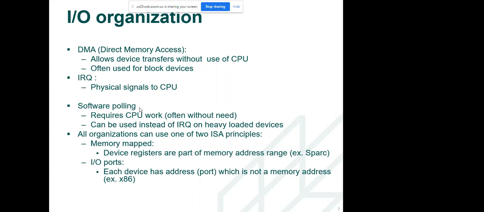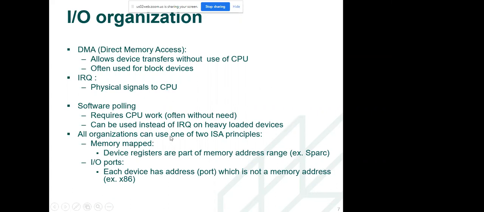Through the software, through threading and multitasking, you are managing it. So this can be software polling. With IRQ, you don't need to generate CPU signals. Your RAM can transfer it. Your software, your tool, like your operating system, can transfer it.